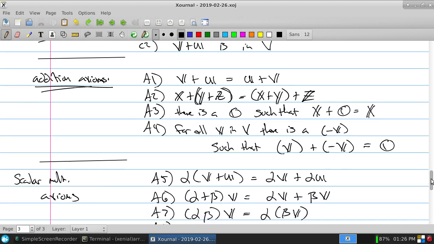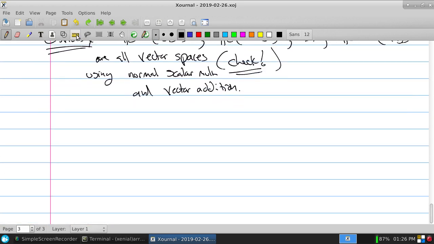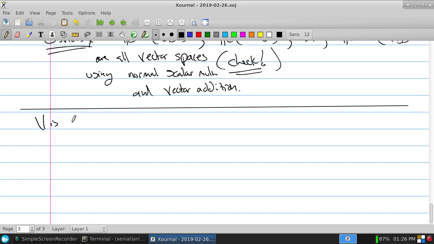So let's take one that's a little bit odd. So V is the set of all continuous functions over a closed interval AB. So here's an example.